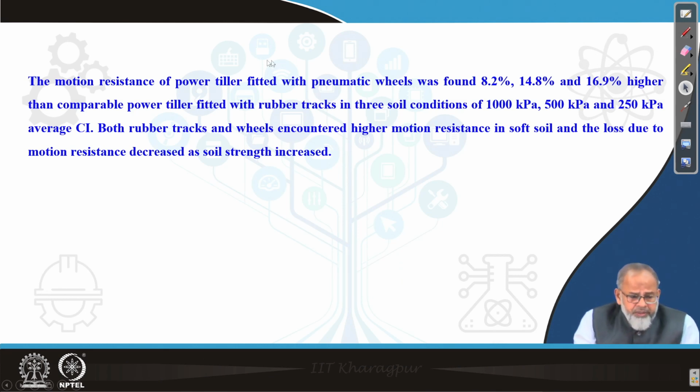So in summary, what we can say is motion resistance of power tiller, when it is fitted with pneumatic wheel, was found 8.2%, 14.8% and 16.9% higher than the comparable power tiller when fitted with rubber tracks.